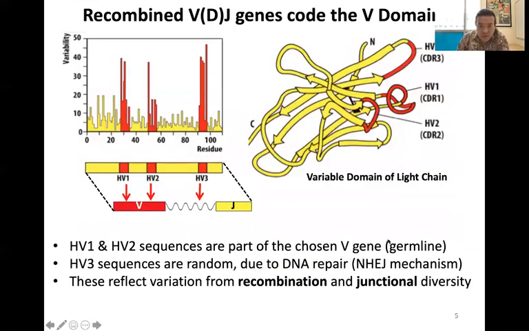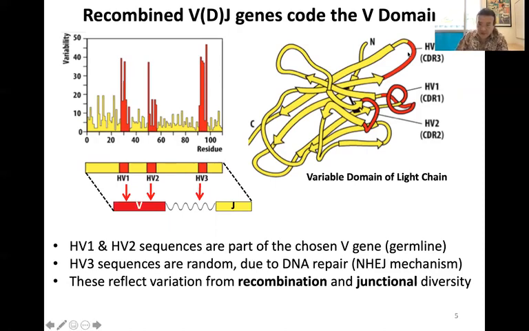So a couple of you asked me how this actually corresponds to these hypervariable loops in the ends of these variable domains of the immunoglobulins. At the ends of the Y-shaped molecule, the ends are the variable parts. That's what this VDJ recombination is meant to contribute to.